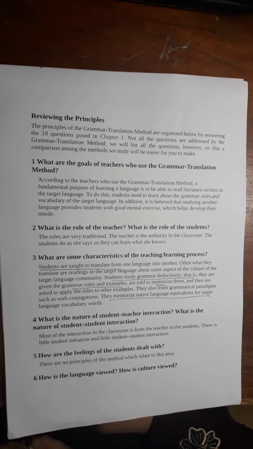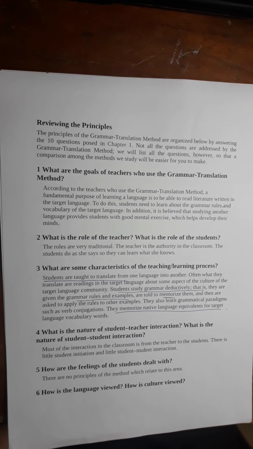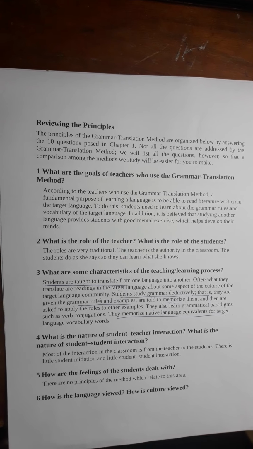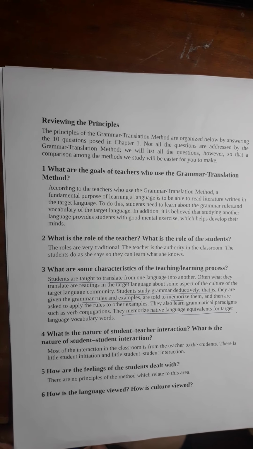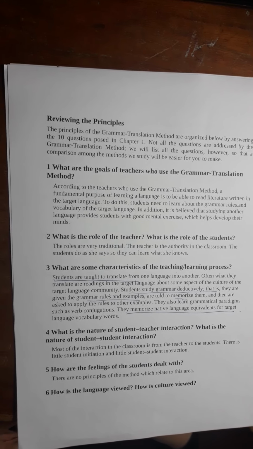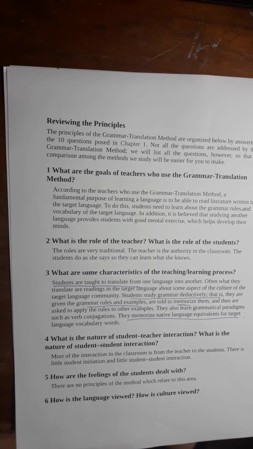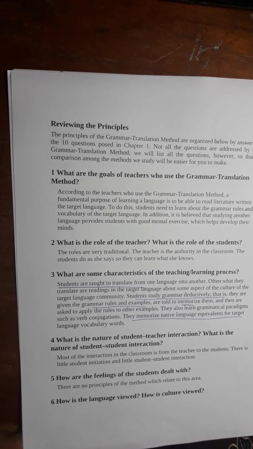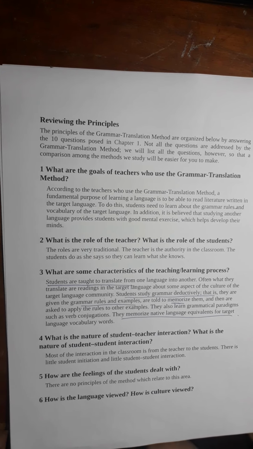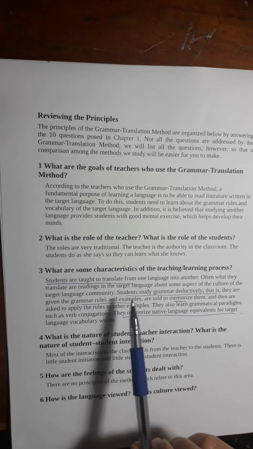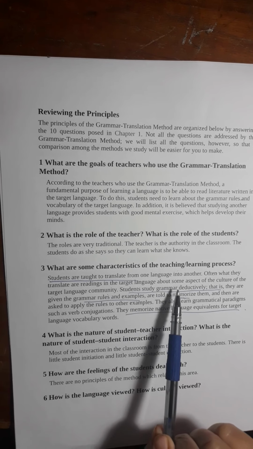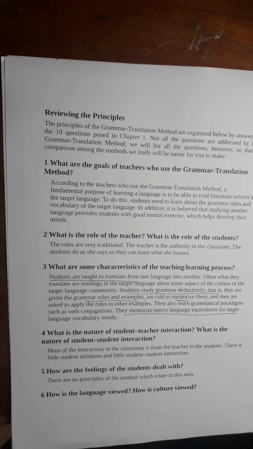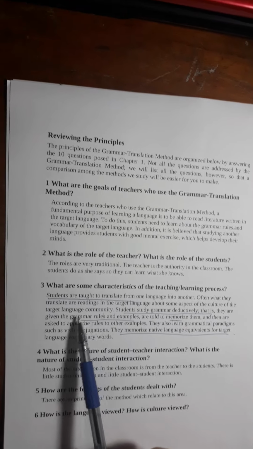The first important point is that the students are taught to translate from one language into another. It is basic to know how to translate texts and sentences from the target language to the native language and vice versa. The second important idea is that the students are supposed to know something about aspects of the culture of the target language, which is not new.